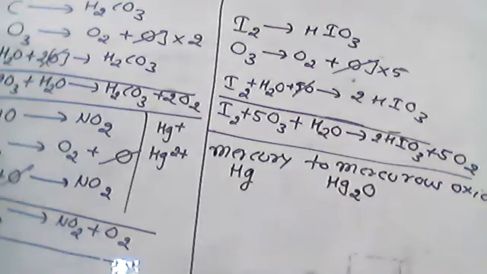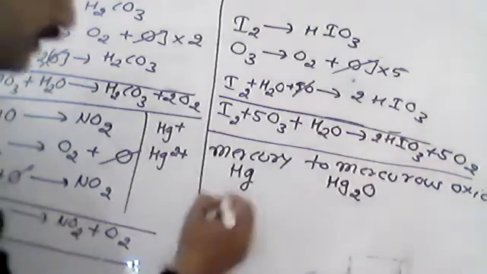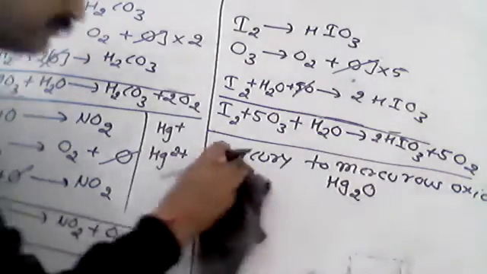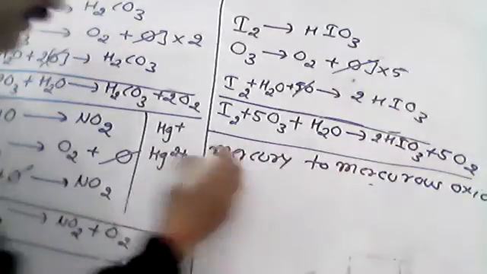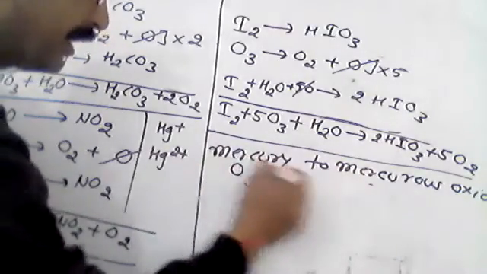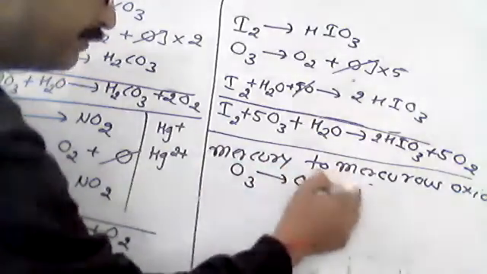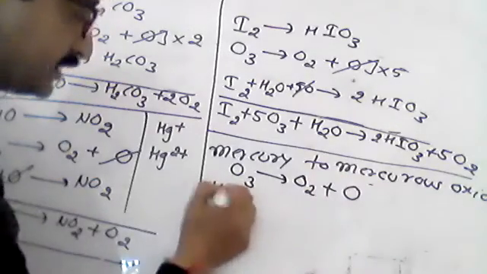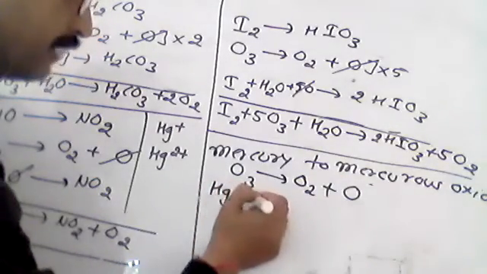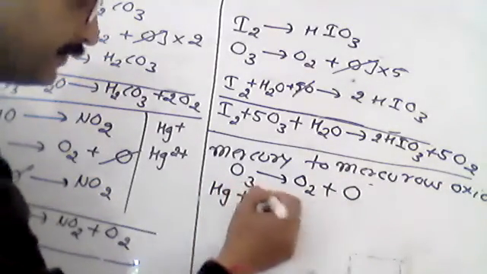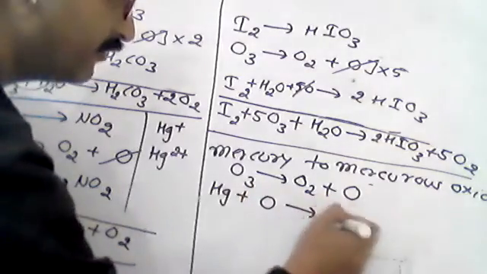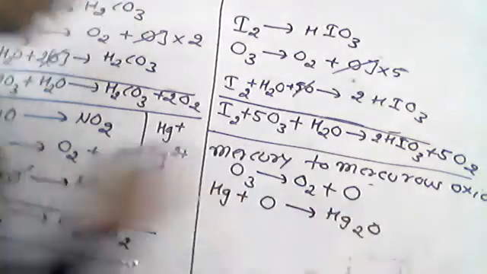Great, Vaneti. Great, good, shabash. Let me write down the reaction here. Ozone O3 gives O2 plus nascent oxygen. Hg mercury plus nascent oxygen will give Hg2O.